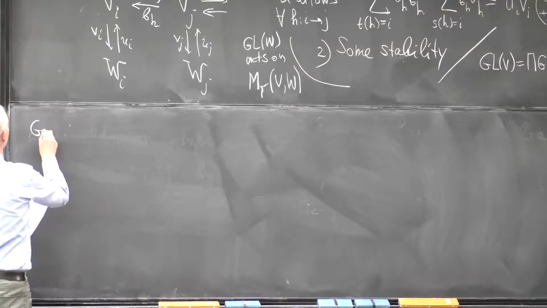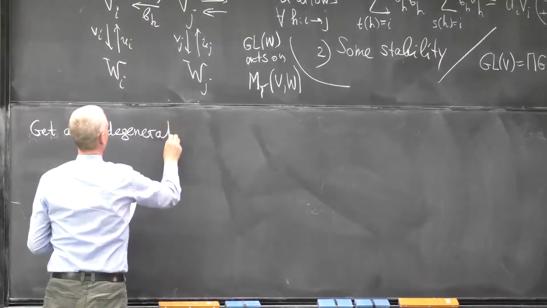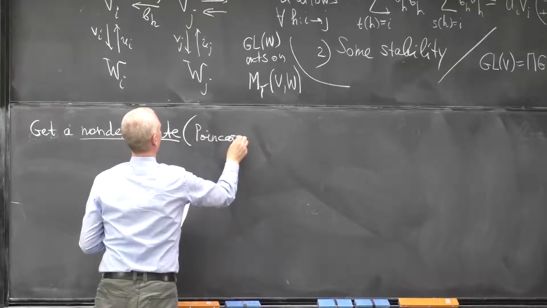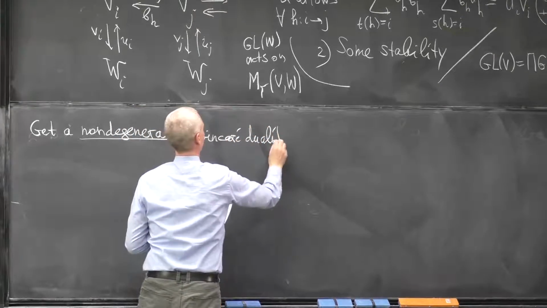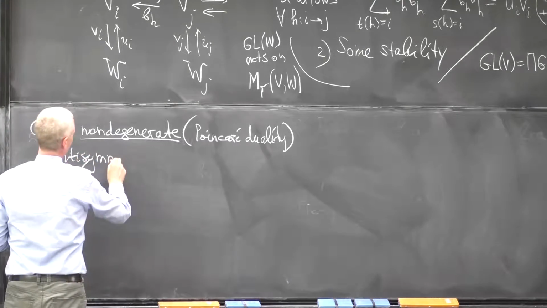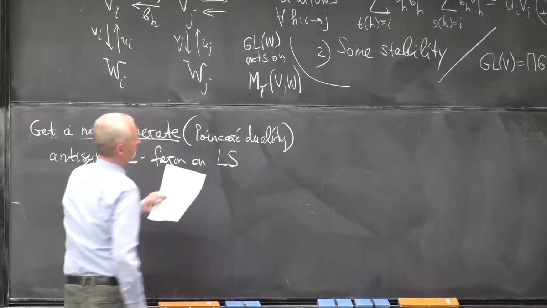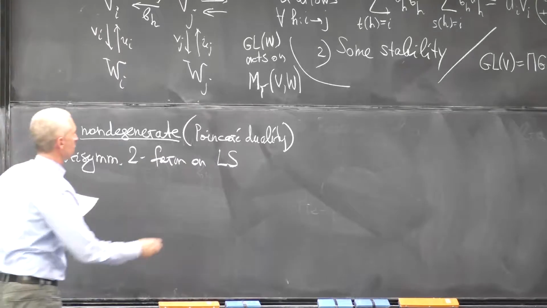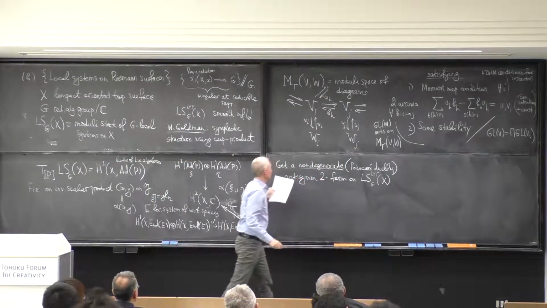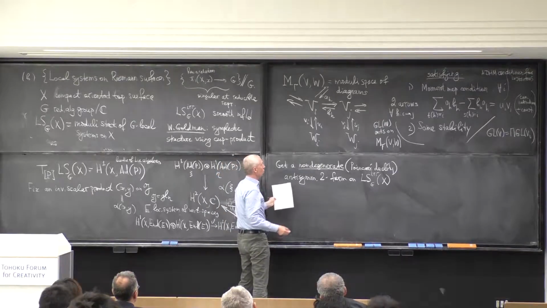So you get a non-degenerate anti-symmetric form on LS, and if you want to keep in classical geometry, we'll just consider the irreducible part of X. And this is somewhat less trivial, and that's proved by Goldman, which is that it is also closed.